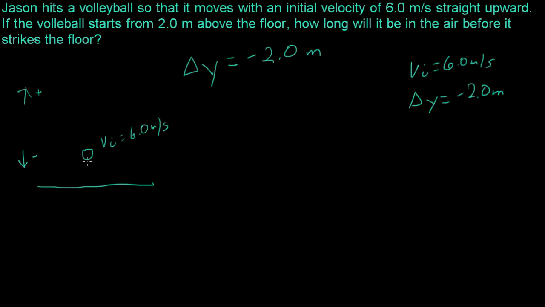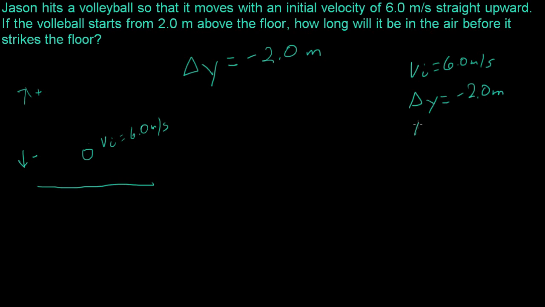Well, yeah, but it does do that, but it's not distance traveled. Delta y is the change in position. It often is the same as distance traveled, but not in a case like this where we go and come back. Okay, so we have a negative 2 meters as our change in position because we started here and we went down 2, negative because we moved down. That's just the convention.